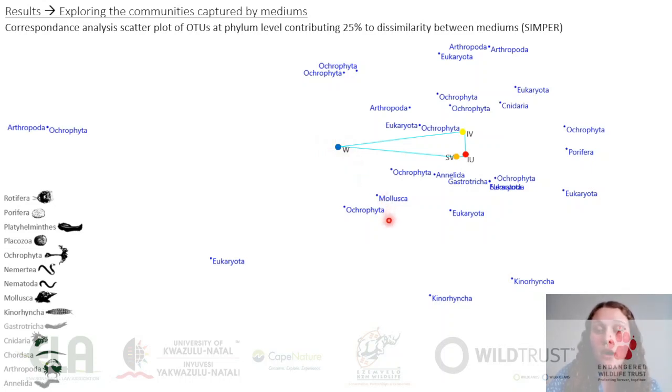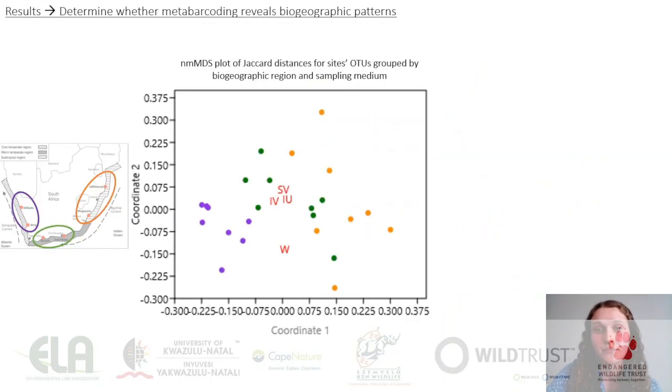Earlier we pointed out that Ochrophyta were very prevalent in water, and we can see how they tend to cluster around water. In addition, Annelida were very prevalent in sediment, and it also tends to cluster around sediment. So what we can draw from this are the OTUs, or the phyla, that tend to cluster in water or sediment samples and will therefore be picked up more easily in those mediums.